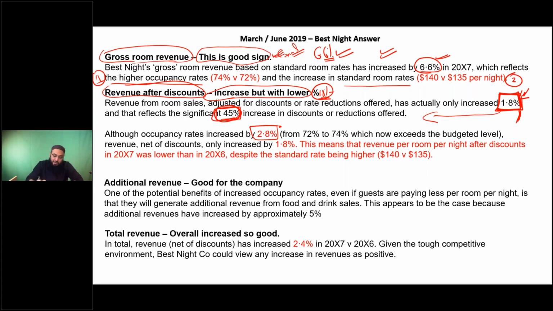So see, it says occupancy rates have increased by 2.8%. And this was the reason for this increase of 1.8% in revenue. This means revenue per room per night after discount was lower in 20x7 compared to 20x6, despite the standard rate being higher.